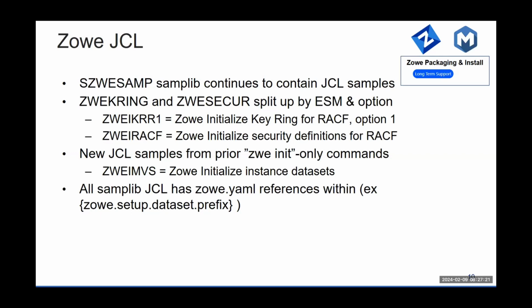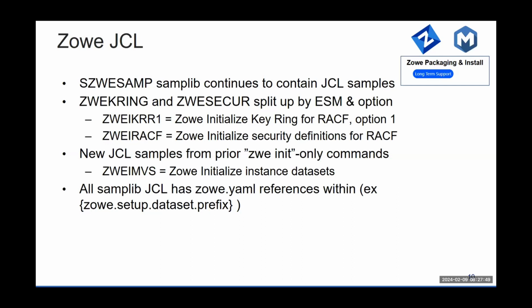I is for initialize, and then KR is for keyring, and then R is RACF, and 1 at the end is option 1, because in the keyring sample, there were always 3 options. There's going to be an R1, R2, R3 for RACF, and you just choose one. There will be a T1 or an A1, for Top Secret and ACF2.